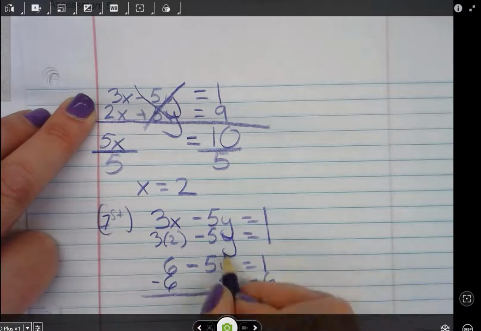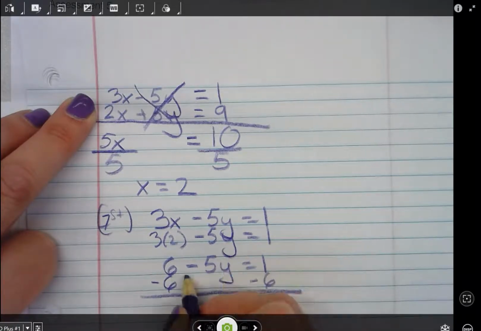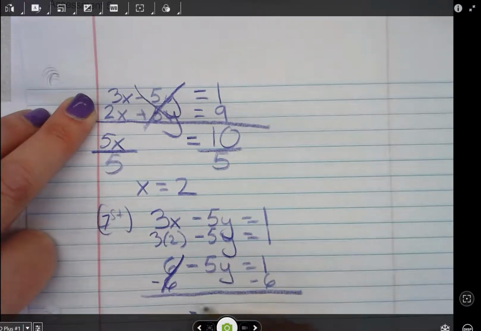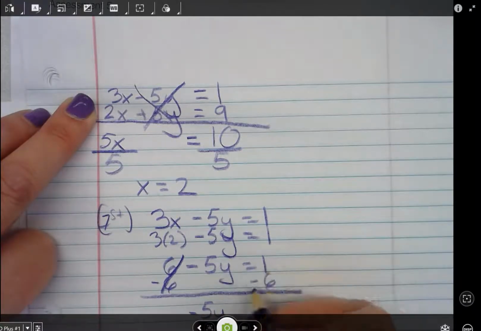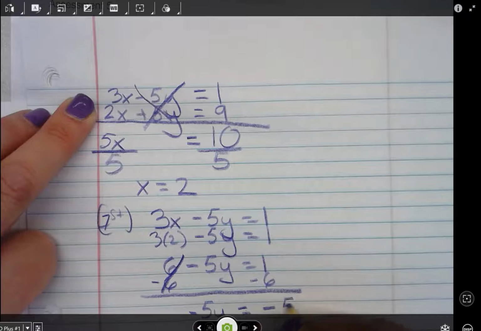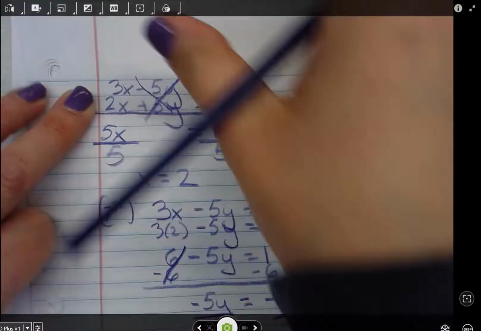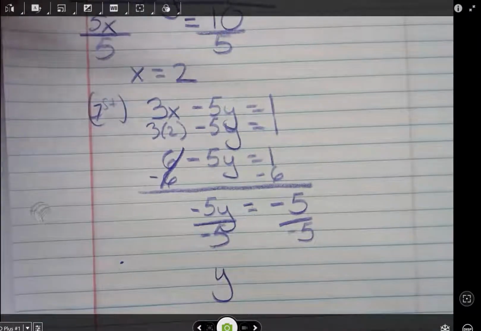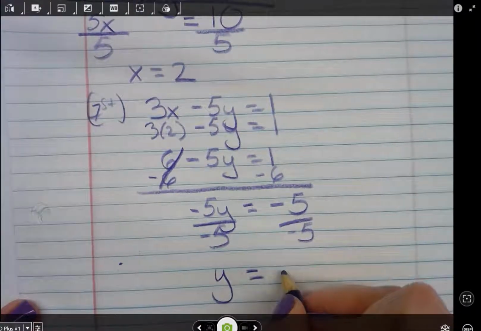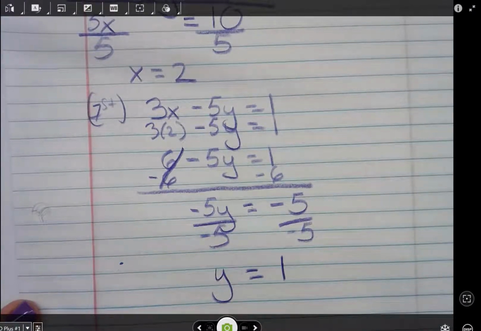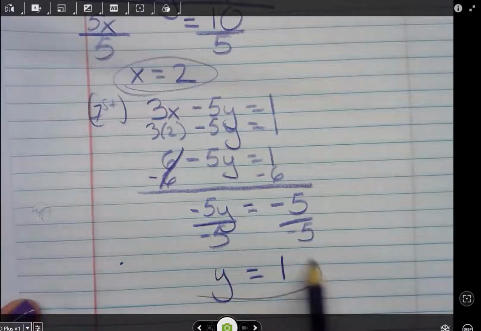That way I can isolate my variable term, negative 5y. 1 minus 6 gives me negative 5. Divide both sides by negative 5. And we solve for y equals 1. So now I found that x is equal to 2, y is equal to 1.